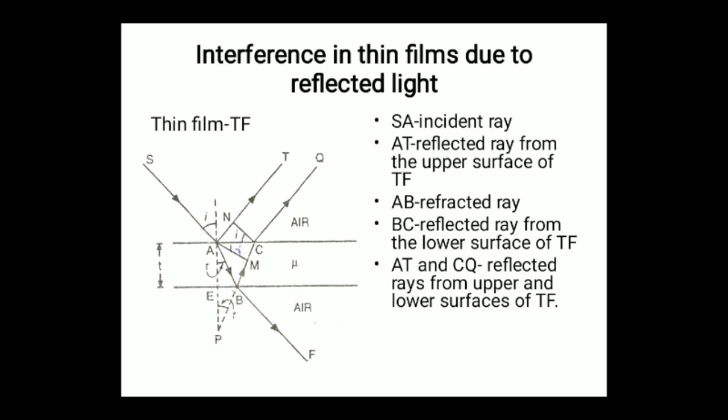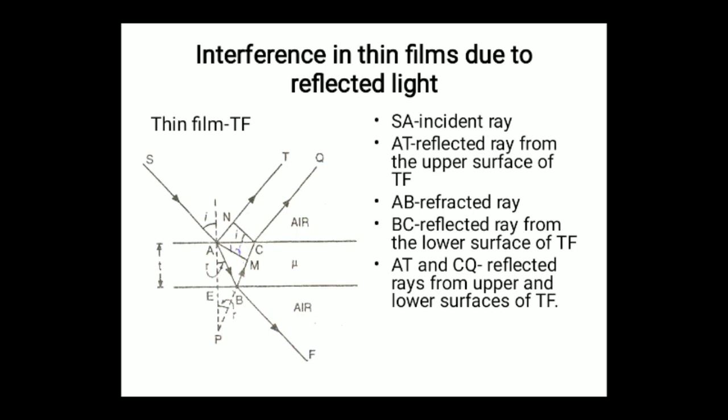The path travelled by the first wave is SA plus AN plus NT in the air medium, and the path travelled by the second wave is SA in the air medium, AB plus BC in the denser medium plus CQ in the air medium.